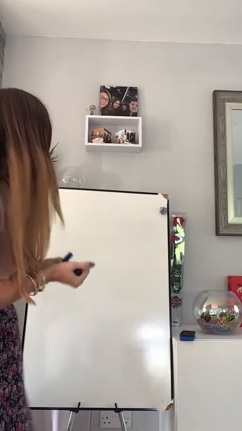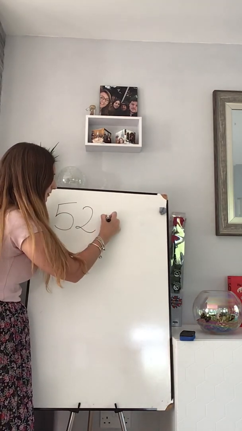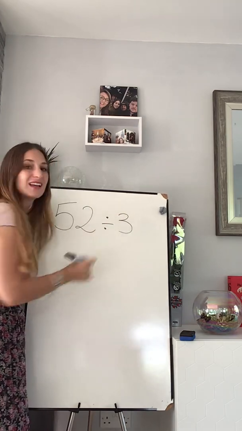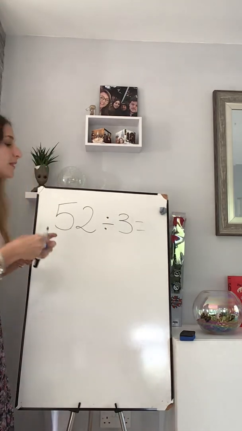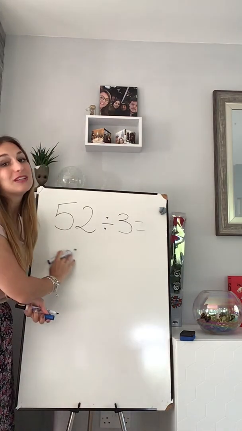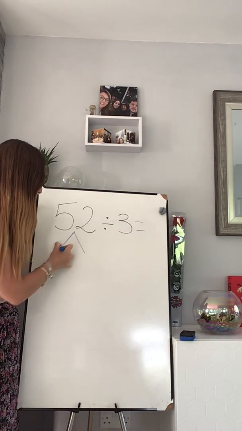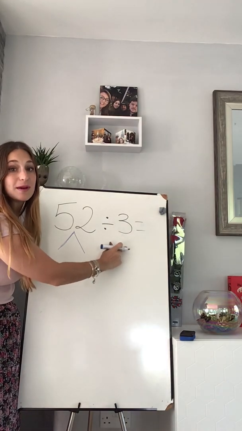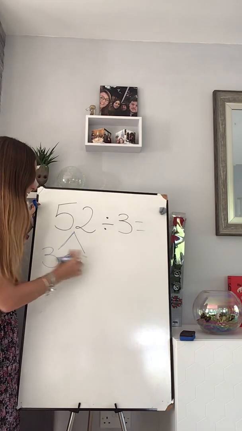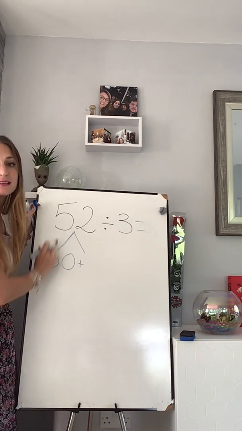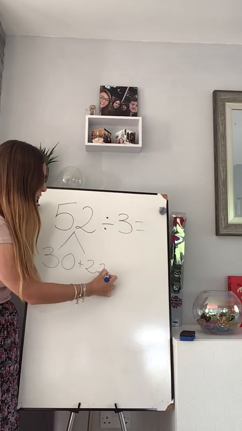Sorry, yesterday you had this, didn't you? And then we were learning to do partitioning. And I messed it up because I shouldn't be putting 52, but I typed it wrong. Sorry. But the ones that you did, because I am dividing by 3, I was going to partition it using 30. 30, how many more tens? 30, 40, 50. 2 tens and 2 ones.